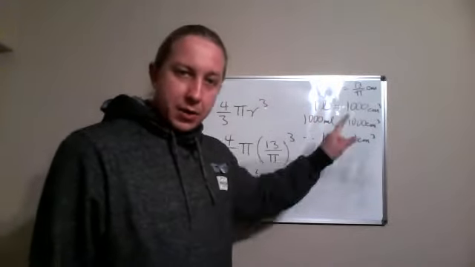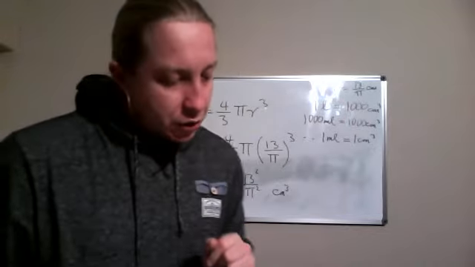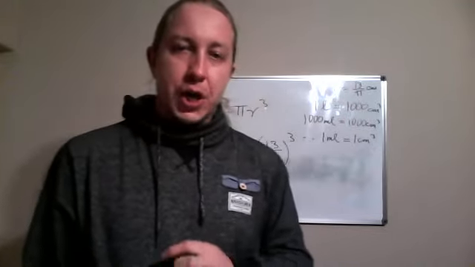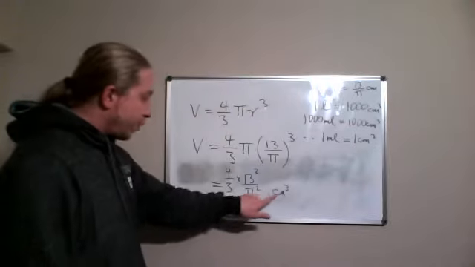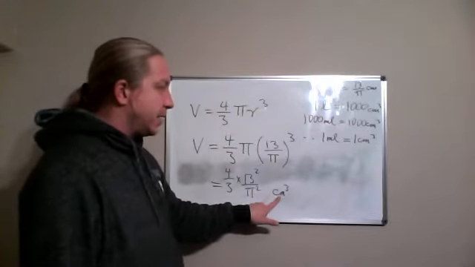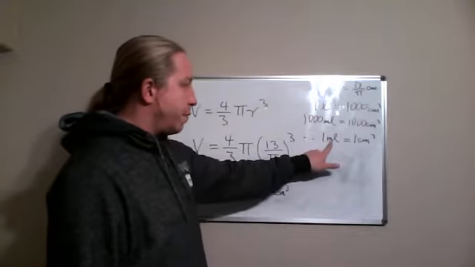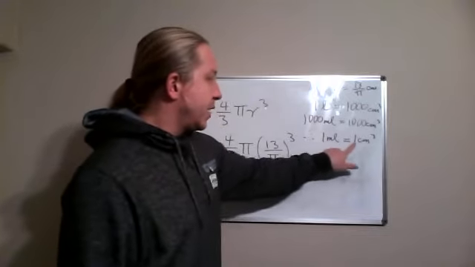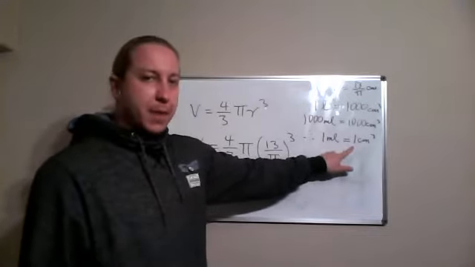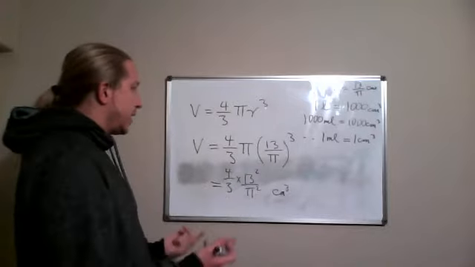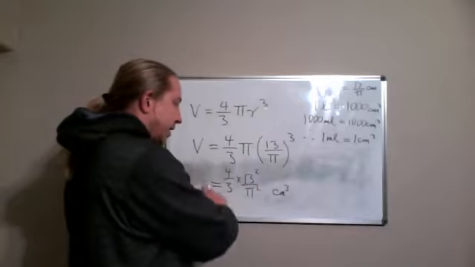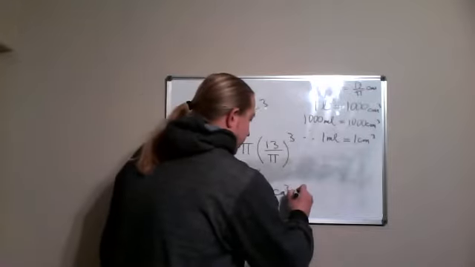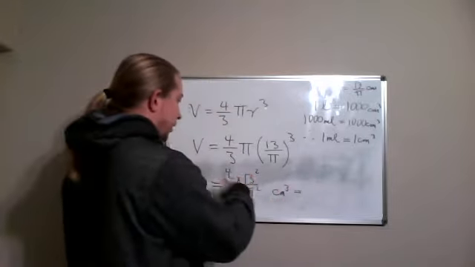So if they want us to express the volume of the orange in milliliters, we've already expressed the answer in centimeters cubed. The ratio of milliliters to centimeters is 1 to 1. So to answer the next part, whatever answer we get here, we're just going to say it equals the same answer.